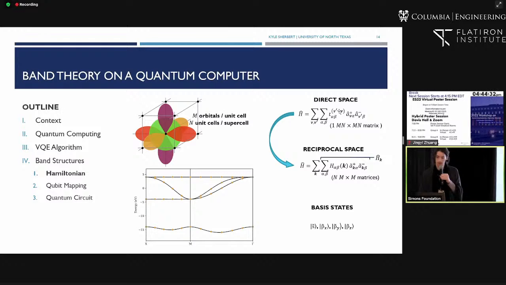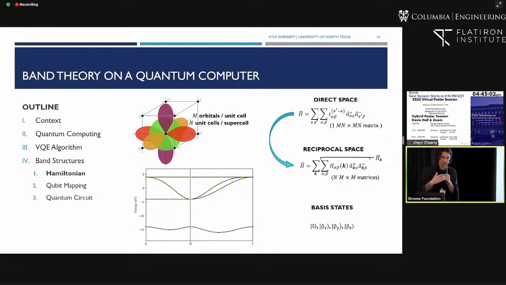And then the T's are the hopping parameters, which give the energy: how much energy does it take to move an electron from one orbital to another. And you can obtain those T's by doing an integral calculation, or you could obtain them empirically, or you could make them up like I did. This is the advantage of the tight binding model, that you can do theory without necessarily having to know about real materials.